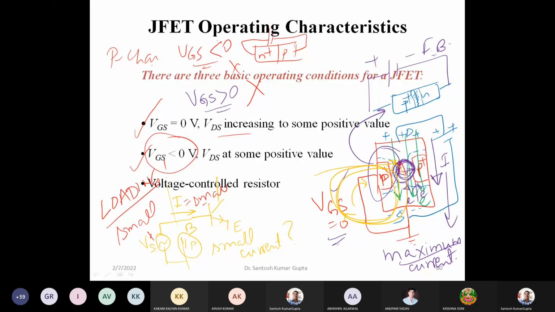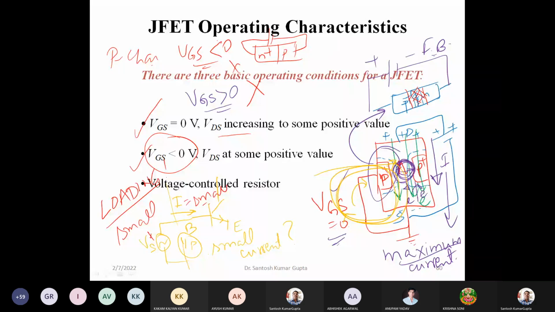Now, if we apply VGS less than 0 for the N channel and VGS greater than 0 for the P channel, then it is going to be reverse bias. If it is reverse bias, the depletion region is going to extend more into the channel.